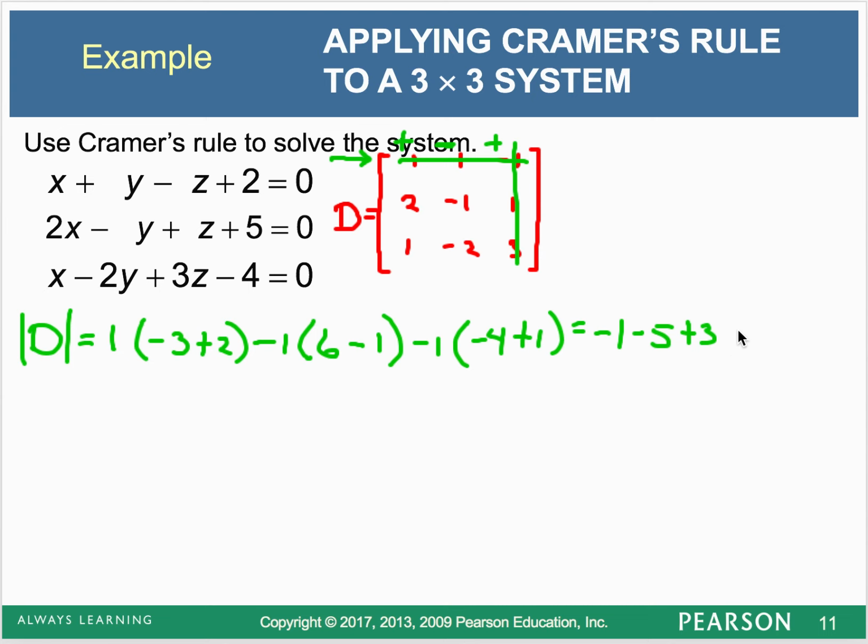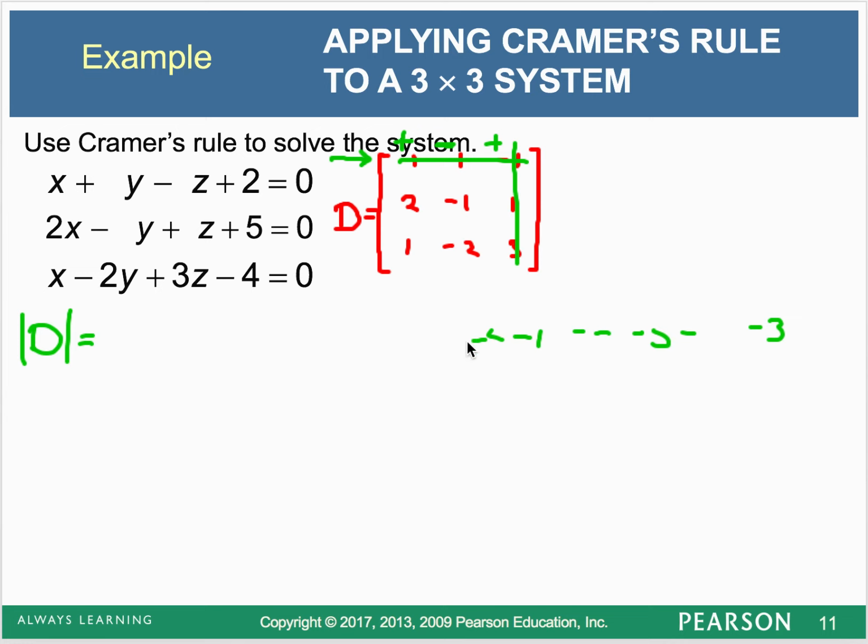So negative 6 plus 3, negative 3. Now I'm going to erase this just for the sake of room right here. So if you want to pause it while you study that. So we know that this determinant is negative 3.